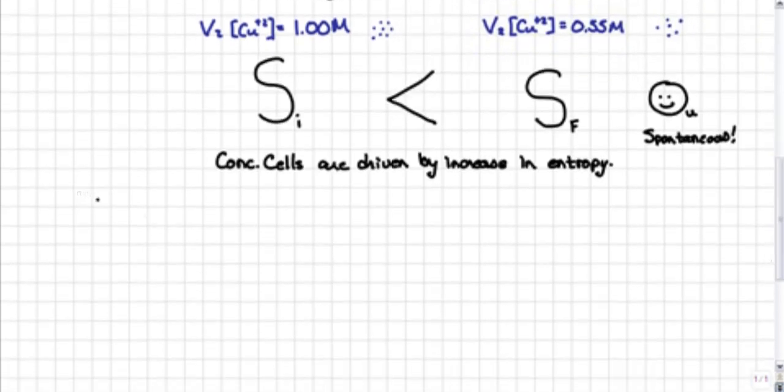And so what we need to do is we need to take another look at the Nernst equation. The Nernst equation, as you should remember, is an equation which we can use for calculating the cell potential from the standard cell potential with this correction.